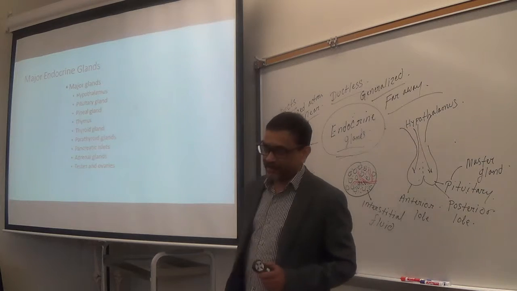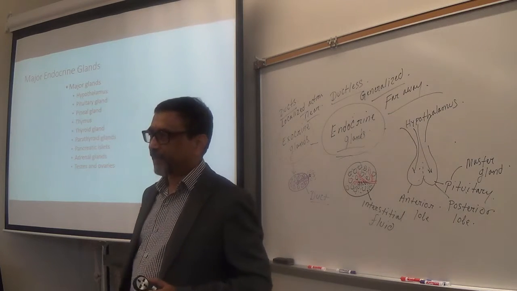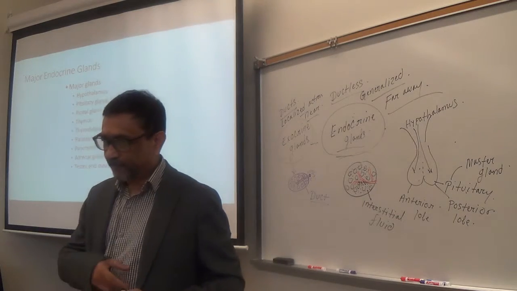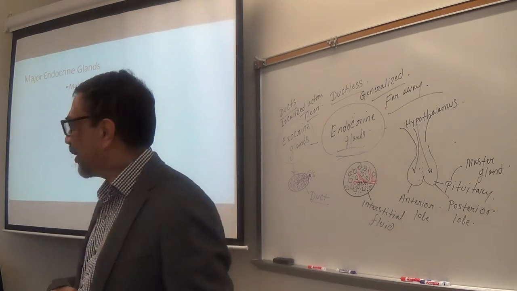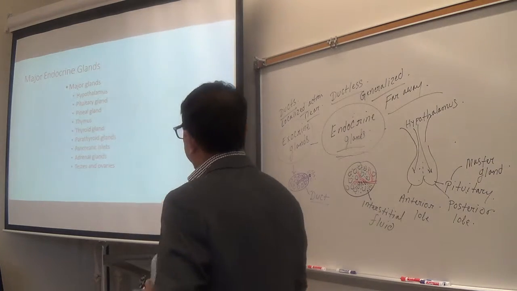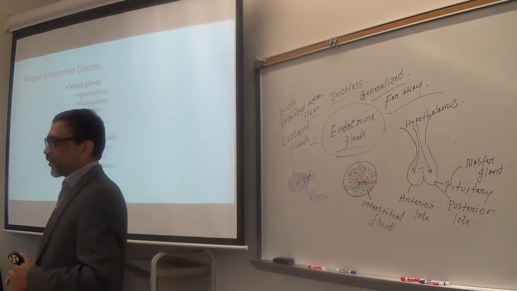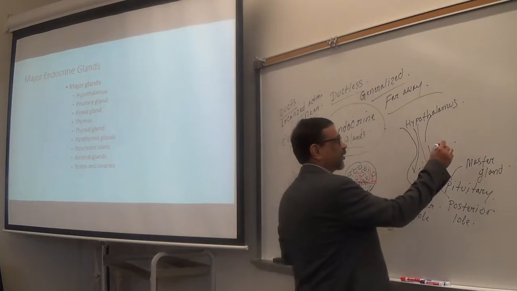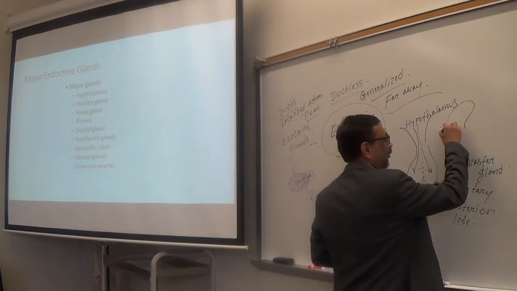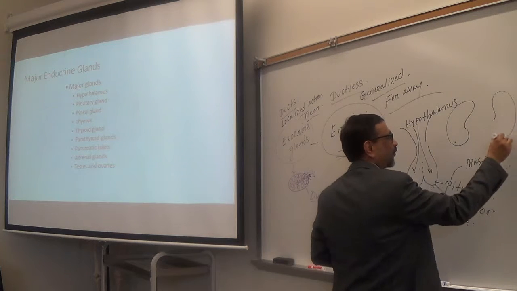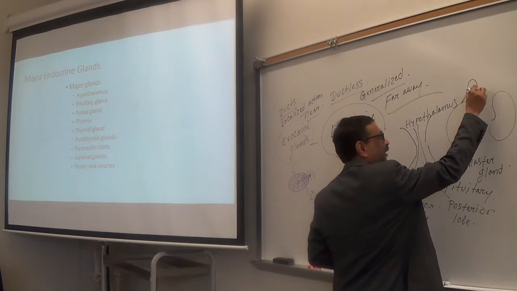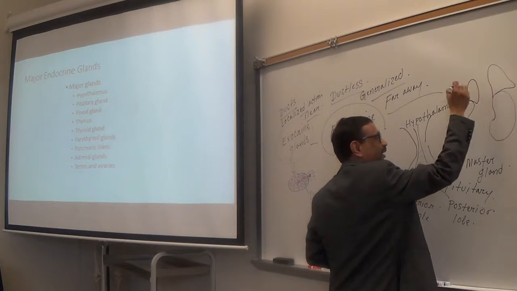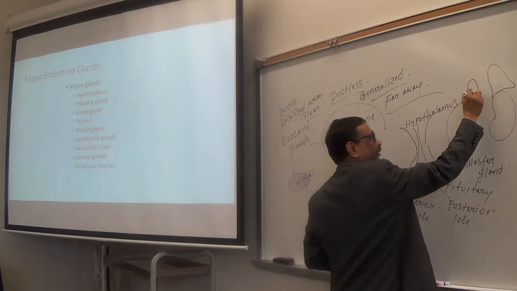Then the pancreas is located here in the upper part of your abdomen. Adrenal glands sit on the kidneys. You know how many kidneys you have? Two. So the adrenal glands are like a cap or crown of the kidneys, sitting on the kidneys.